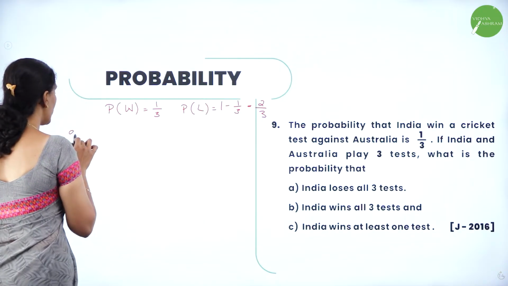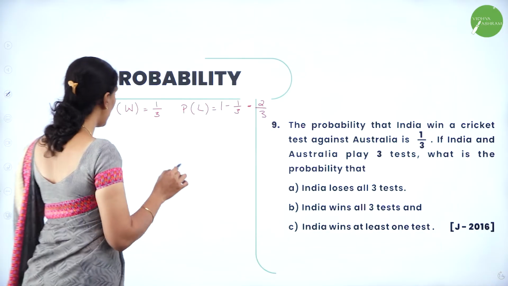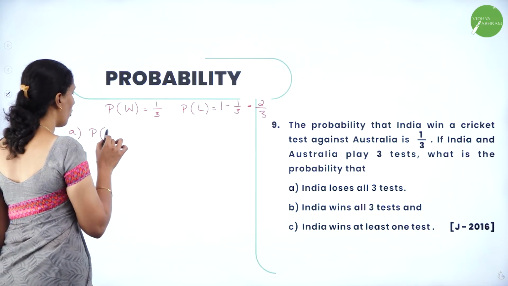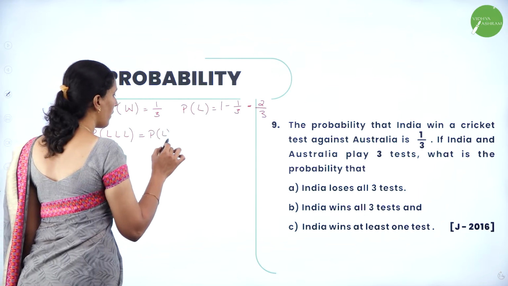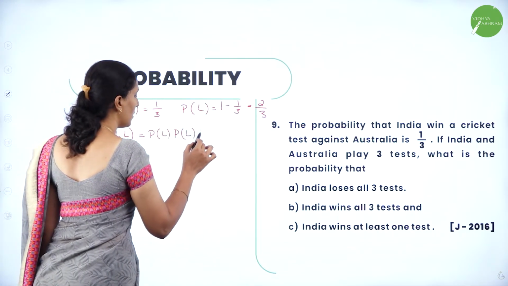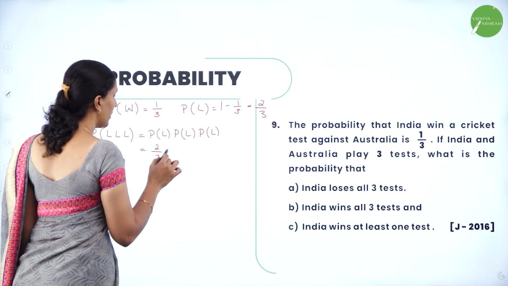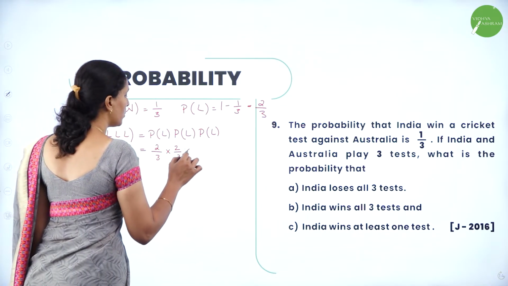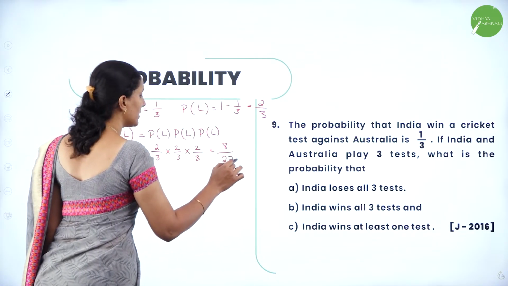My first question here is India loses all the 3 tests. So that means the probability of losing all the 3 times: P of L, P of L, P of L. That means 2 by 3 into 2 by 3 into 2 by 3, which is equal to 8 divided by 27.